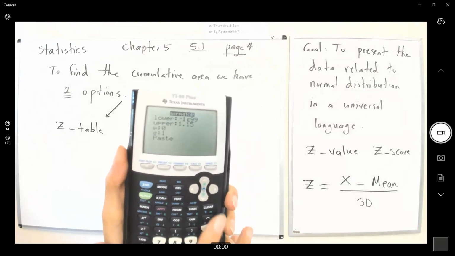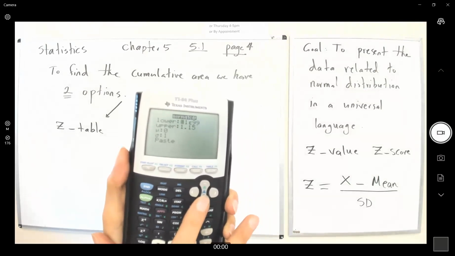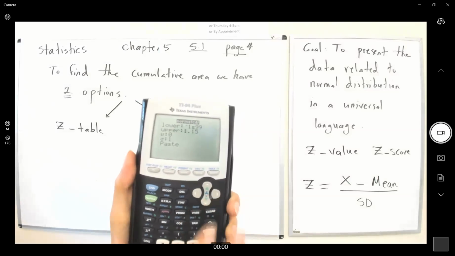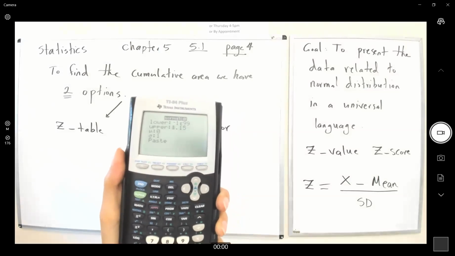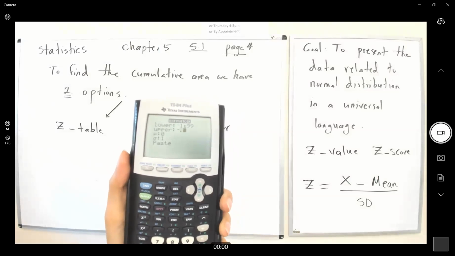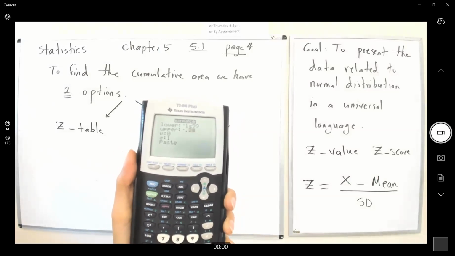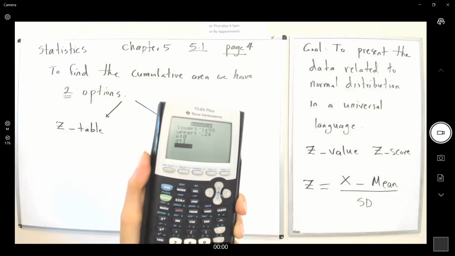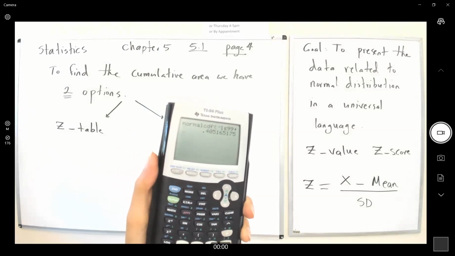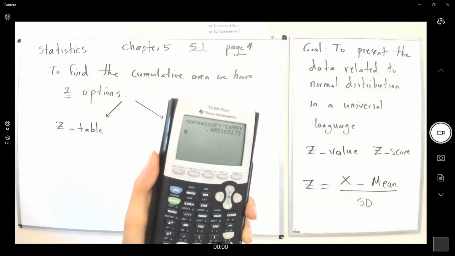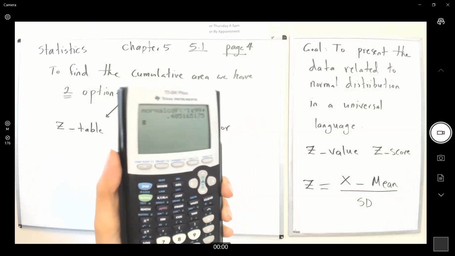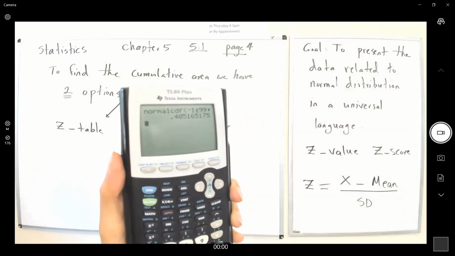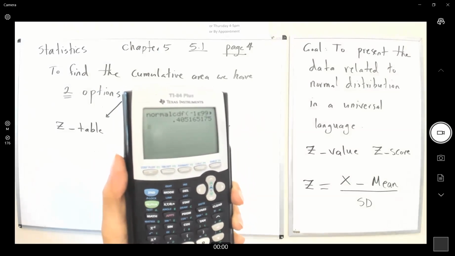Your lower limit, just leave it as it is. Upper limit, negative 0.24, enter, enter, enter, and here we go, the probability. Almost 41%.